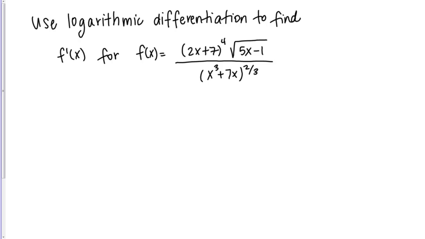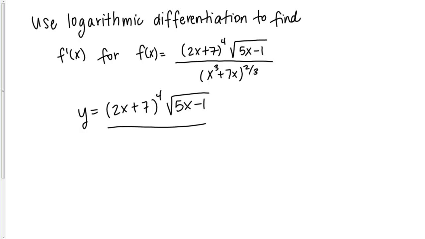Often when using logarithmic differentiation, people like to start by rewriting the function as y equals. You don't have to do this, it just makes the notation a little bit nicer. So I'm going to write y equals my function. Then the first real step of logarithmic differentiation is to take the natural log of both sides of the equation.